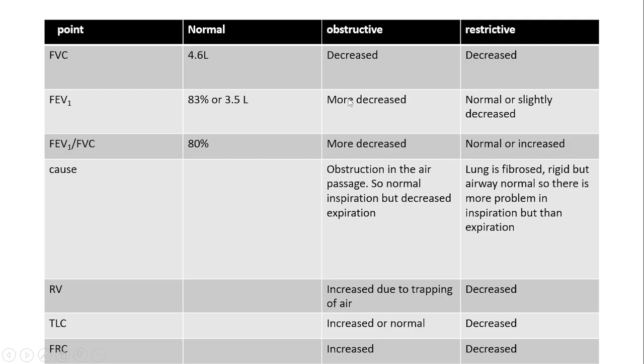And if the FEV1 is slightly decreased, but FVC is more decreased in comparison to FEV1, the FEV1 FVC ratio can actually increase. And the cause of obstruction may be in the air passages, because of the most common obstructive airway diseases, COPD or asthma.